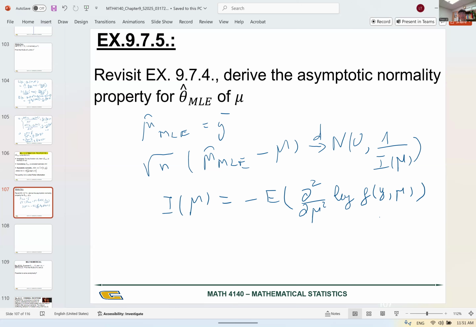So we are done if we can specify what I mu is, right? I mu is relatively simple: we just calculate the log likelihood function and take the second derivative.